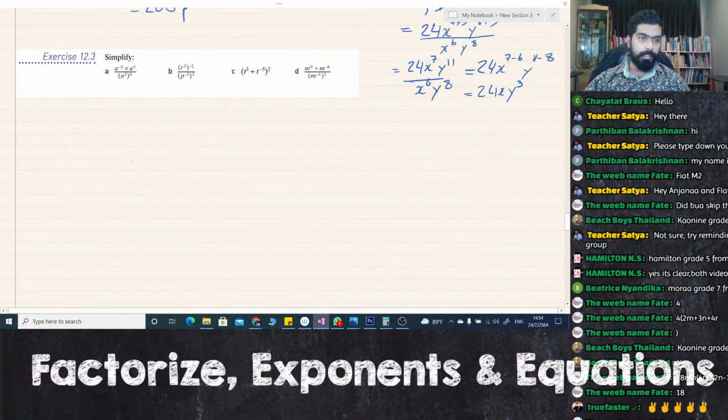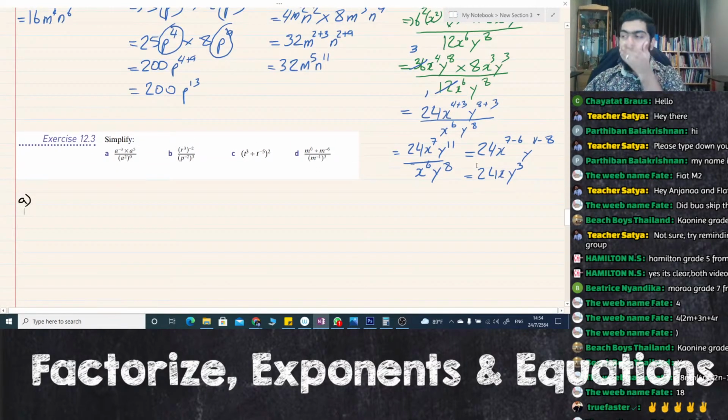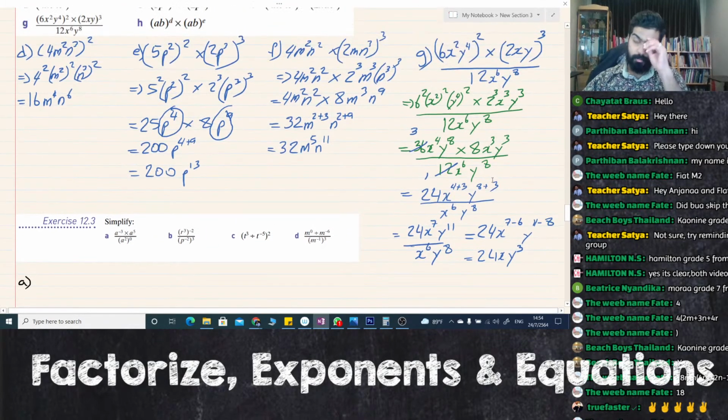So for question A, guys, so what do we have for question A? What did you do? I multiply before divide it, not the same. What do you mean? What did you multiply first? You mean you multiplied the numerator? If you did that, whichever method you do, the final answer should be the same.